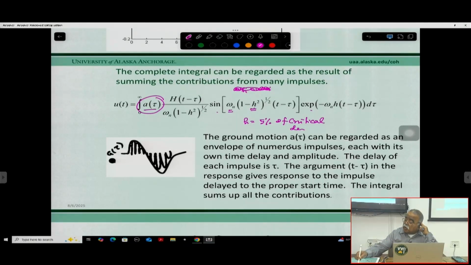Seismologists are very much comfortable giving the omega n, but engineers are comfortable with giving you the time period, or the Tn, which is 2 pi by omega n. So engineers like to give a period.